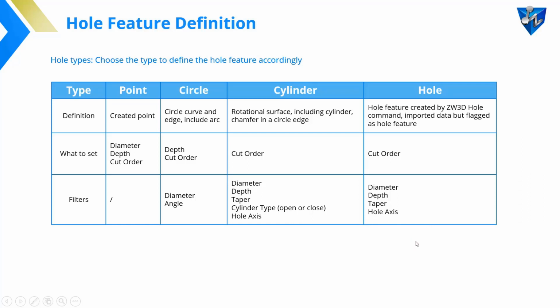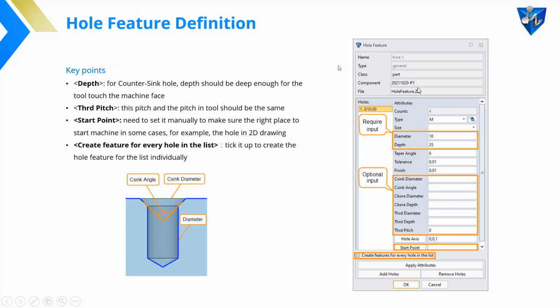So after this step, actually we can get the whole feature list. You can see from this window. There are a lot of attributes here. The diameter and depth are the required input. And also there are some optional input, for example, for the countersink hole, the counterbore hole, and also the select hole.